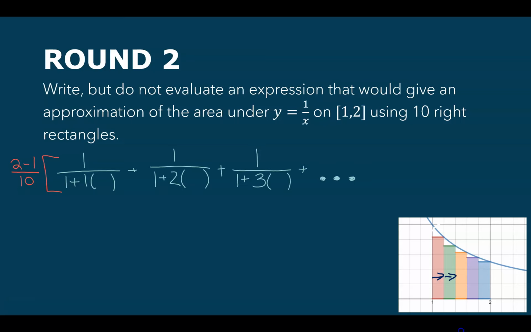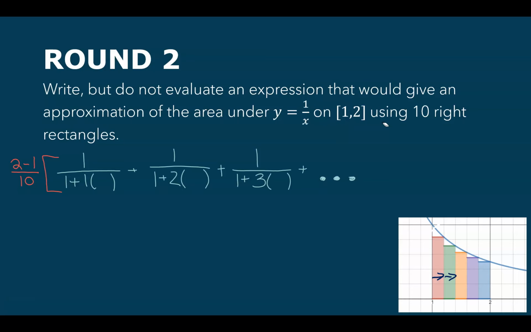You can just pretend. Then that third height is going to be determined 3 widths away from that left-hand endpoint 1. This one, this one, this one, all refer to this x equals 1 left-hand endpoint. That's why that's there.